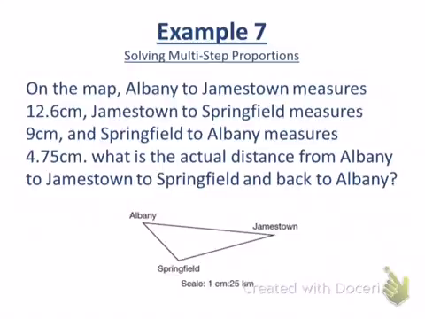And we've got this little picture there. You would go from Albany to Jamestown, Jamestown to Springfield, back to Albany. So 1, 2, 3. You have to make sure that it's literally all the way around, right? And that's why I drew that picture there, and I drew it wrong first time, didn't I?